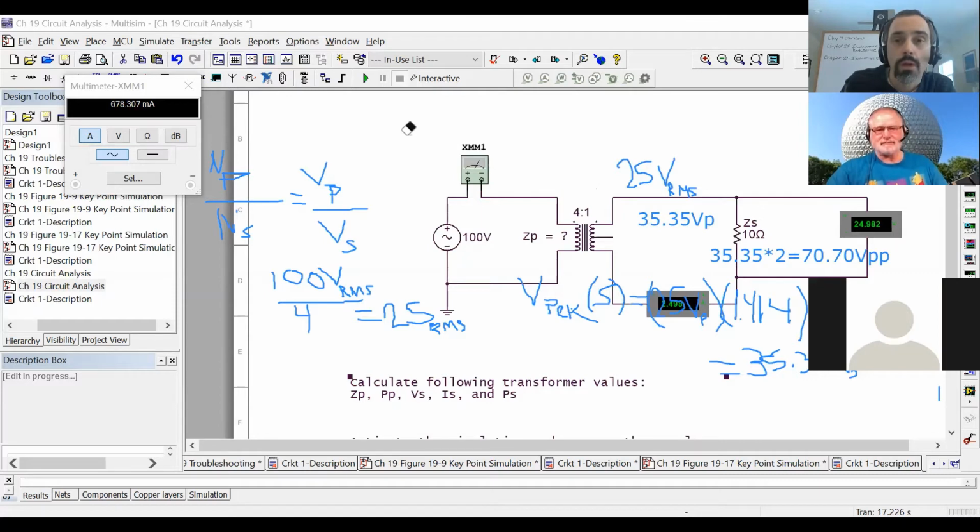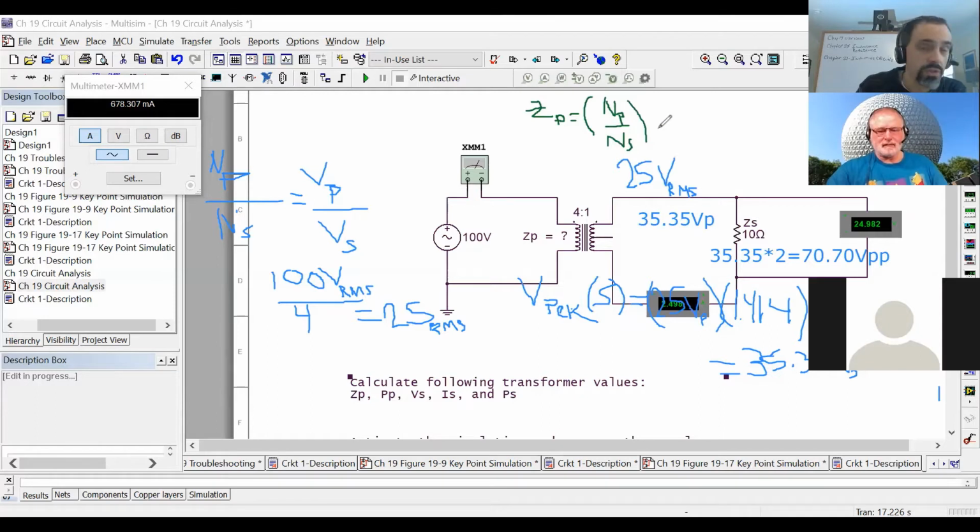All right. Let's do this. So ZP, that's your impedance on your primary side. To get your impedance on the primary side, you take your NP over NS, square it, and times it by ZS.